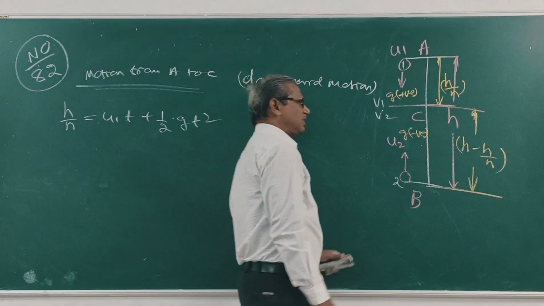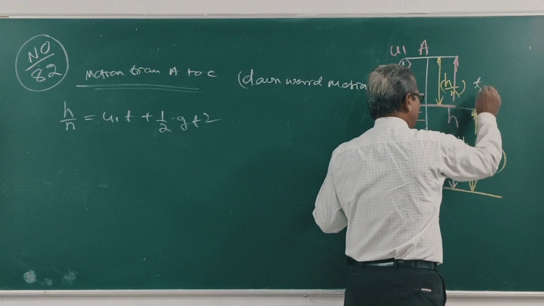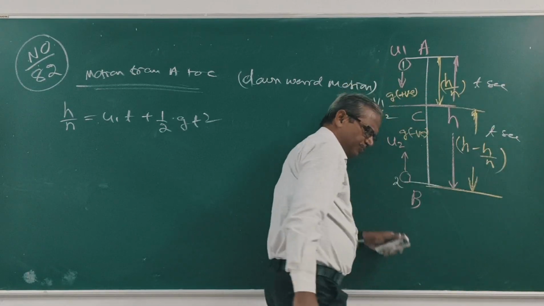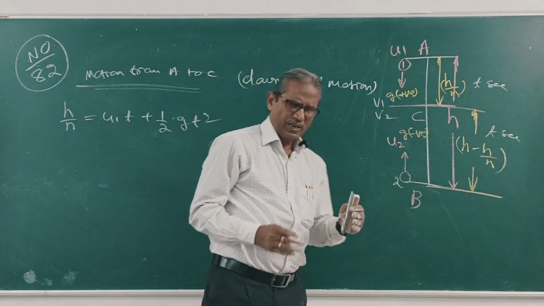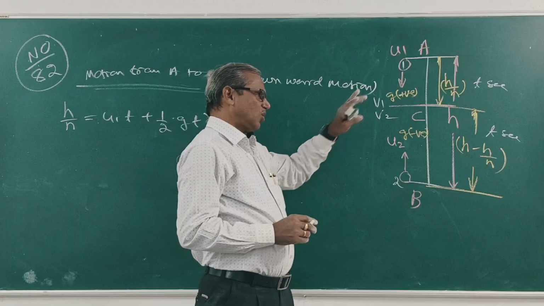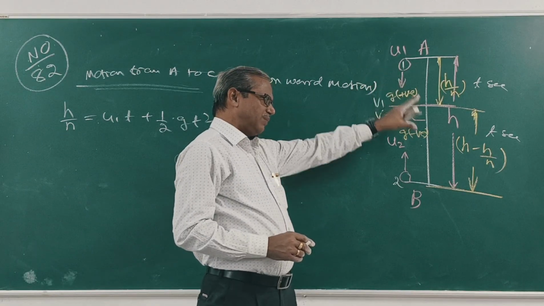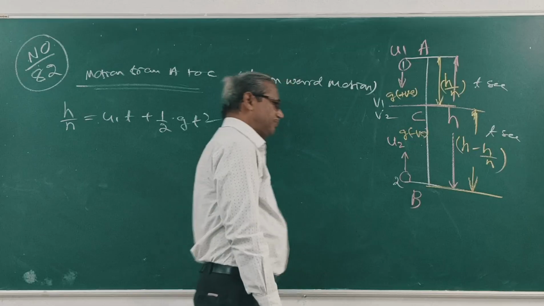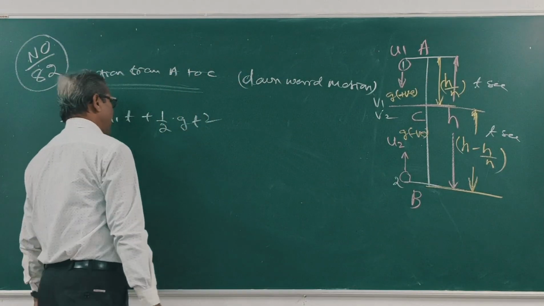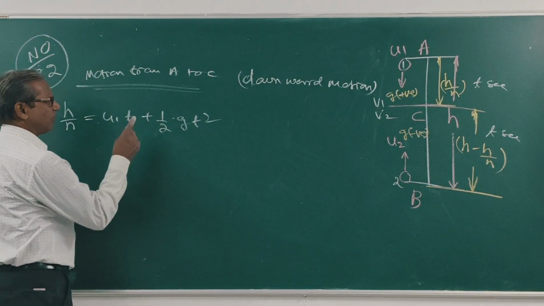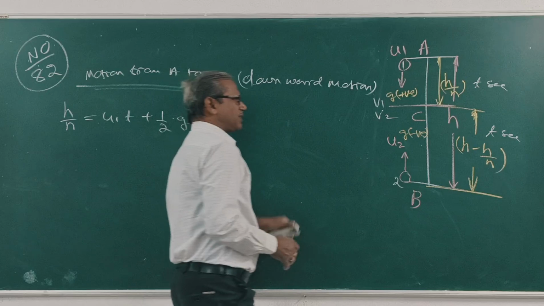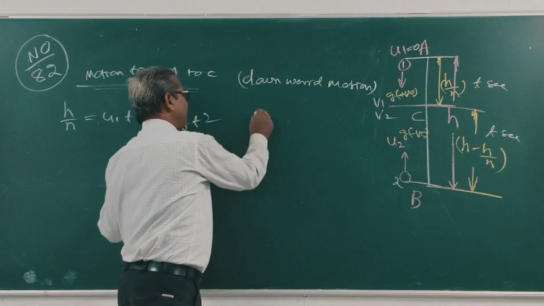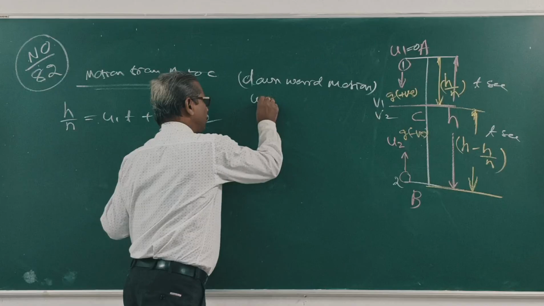For this height the time is t, and for the other height also the time is t seconds, because the starting time and meeting time are the same. Now, u1 is 0, since the body starts from rest.